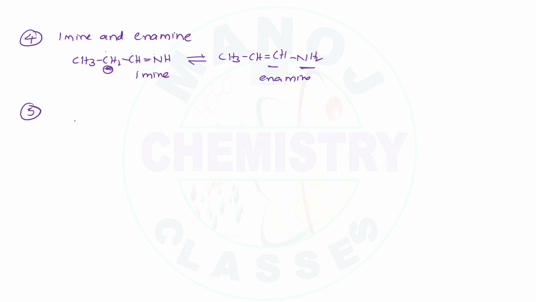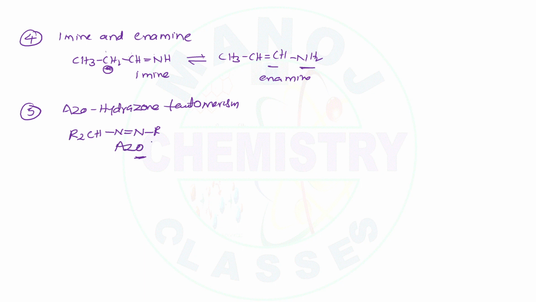So coming to the next one, azo and hydrazone tautomerism. What is meant by azo and hydrazone tautomerism? For example, if you take R2CH single bond N double bond N R, this one is azo group.